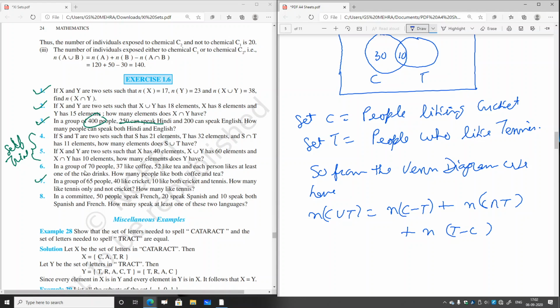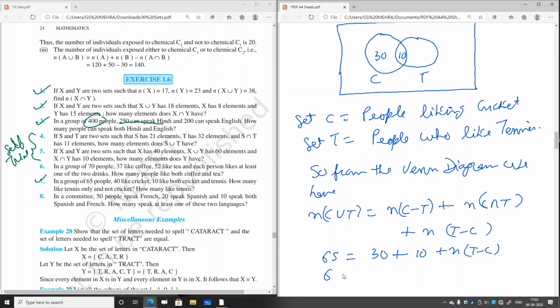It is already given here, that is 65. So 65 equals n of C minus T, which is 30, plus common portion, number of elements 10, so that is 30 plus 10 plus n of T minus C, that means those people who like only tennis but not cricket. So that will be 65 equals 40 plus n of T minus C.